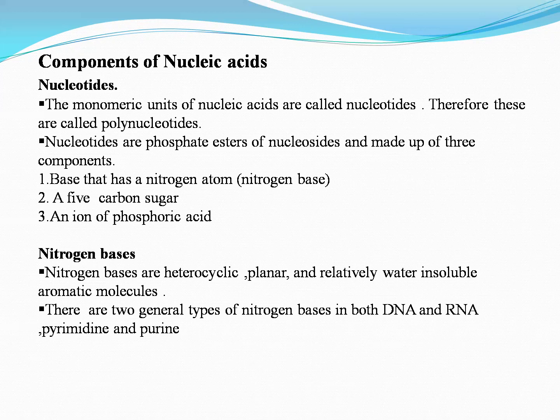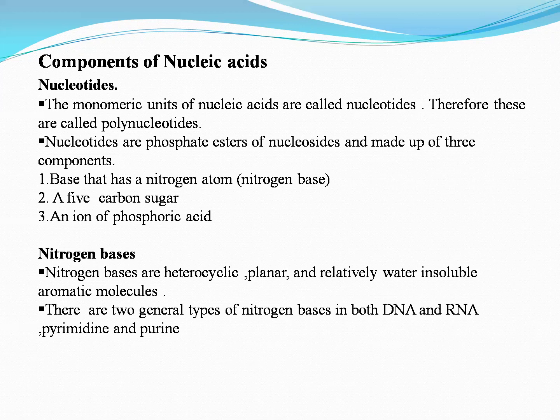Means if we form the structure, all atoms will be lying on the same plane. And relatively water insoluble, actually they are soluble in organic solvents like ether, alcohol, and others, and are aromatic molecules because of the ring structure.